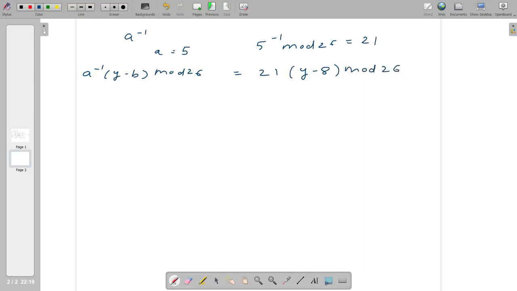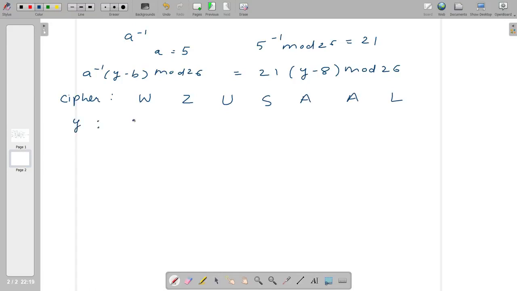So let me decrypt this. For decryption, first we need the ciphertext, which is W, Z, U, S, A and L. And what is going to be y for this?